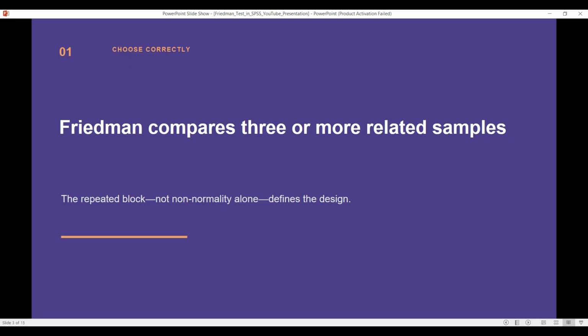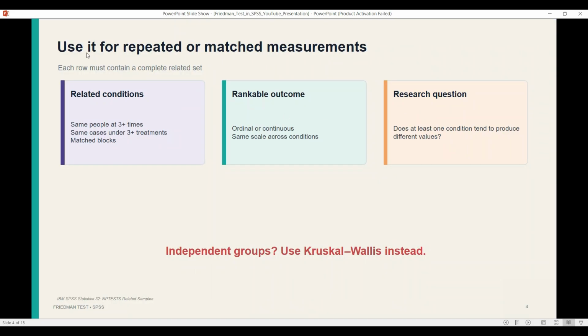The Friedman test compares three or more related samples, not unrelated but related samples. We use it for repeated or matched measurements, related conditions like the same people at three plus times, with a rankable outcome, ordinal or continuous, because we have an ordinal scale.